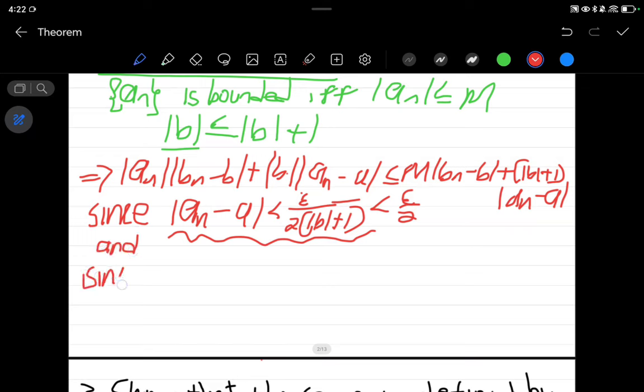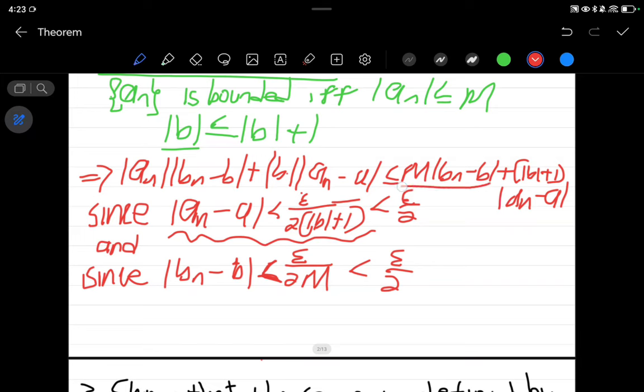Since the absolute value of bn minus b is less than e over 2, this e over 2 is greater than e over 2m. Where there's bn minus b, I need m, so I'm going to put m there.